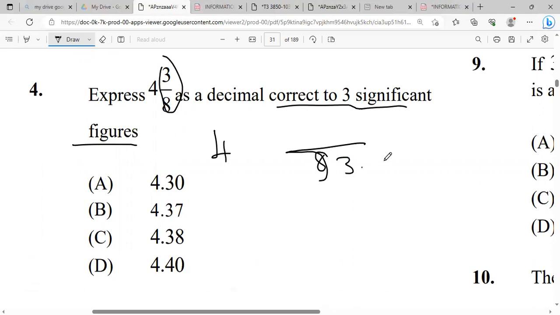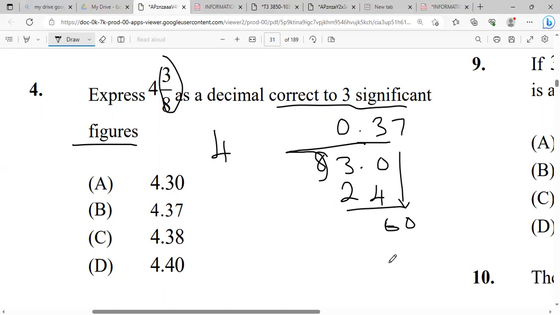And of course, we know that the decimal point is directly to the right of that. 8 into 3 you can't, so we put 0. 8 into 30 goes 3 times, 8 times 3 is 24. We subtract, which leaves 6, carry down our 0. 8 into 60 goes 7 times, 8 times 7 is 56. We subtract again, gives us 4, carry down the 0, which gives us 40. 8 into 40 goes 5 times.